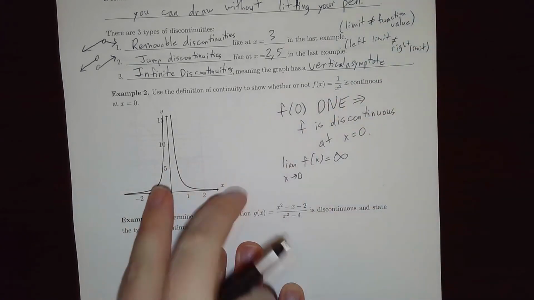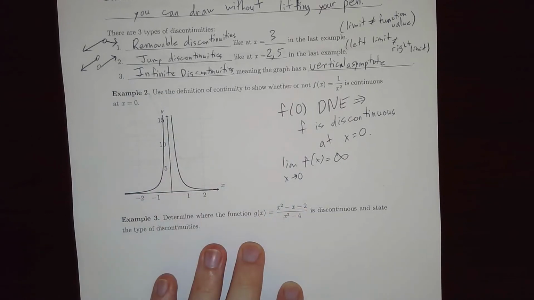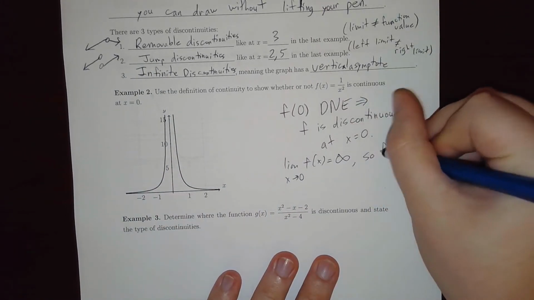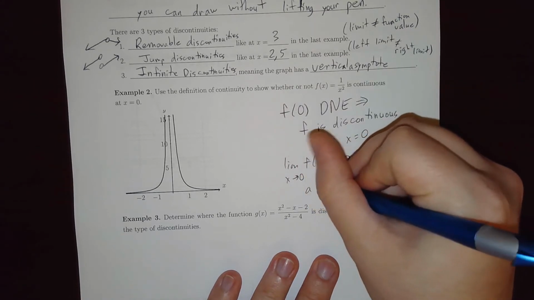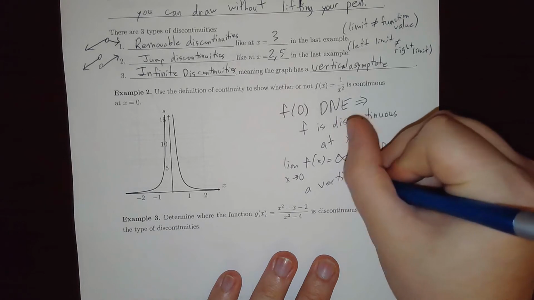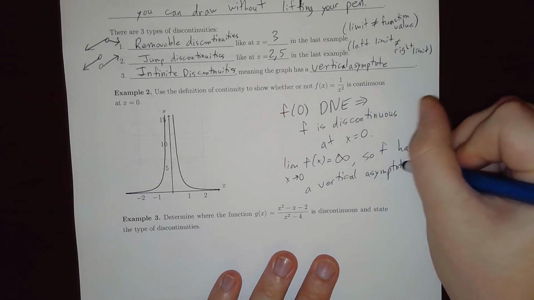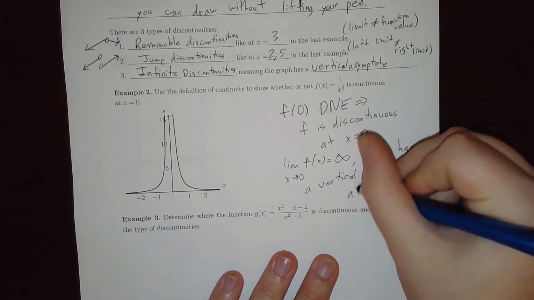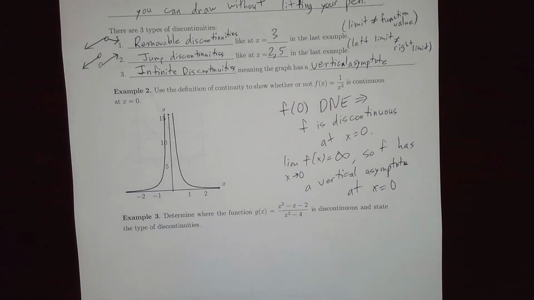So notice that on either side as we approach 0, our graph is going straight up. And so this tells us that f has a vertical asymptote at x equals 0. So this is going to be one of those infinite discontinuities that we had talked about.